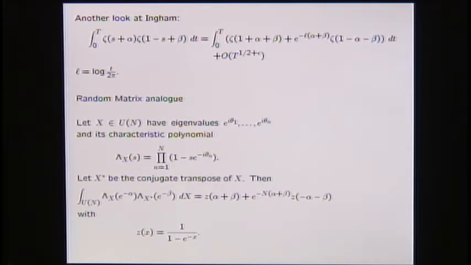Then if you integrate over U(N), Lambda(x) e to the minus alpha, Lambda(x) star e to the minus beta, you get an exact formula, which looks a lot like Ingham's formula, where z of x is 1 over 1 minus e to the minus x. So the z of x here plays the role of zeta of 1 plus x up there, and the capital N plays the role of log little t over 2 pi.